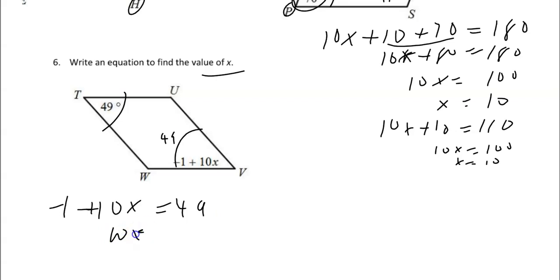So if we add 1, we get 10x equals 50. And then when we divide by 10, we get x is 5. And if we plug it in just to check, 5 times 10 is 50, minus 1 is 49.